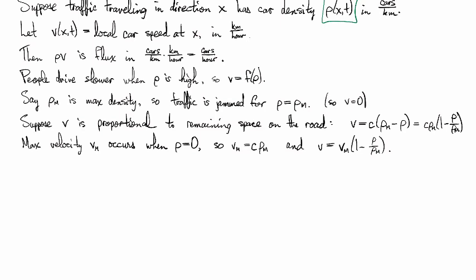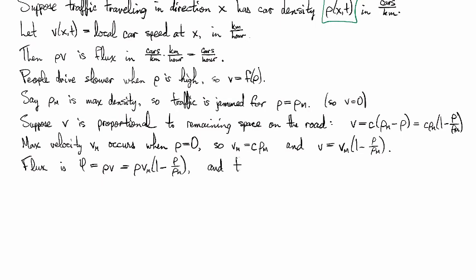Okay, with all that underway, we can now see that flux is going to be given by rho times v, which according to the formula we just worked out is rho times v max times 1 minus rho over rho max.